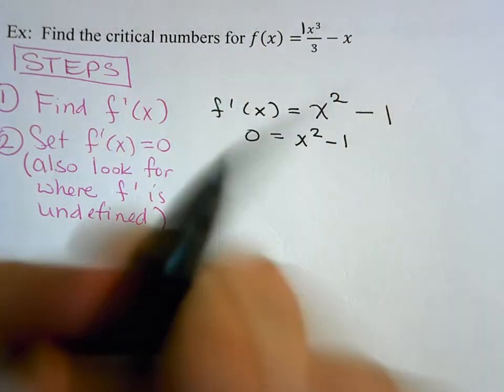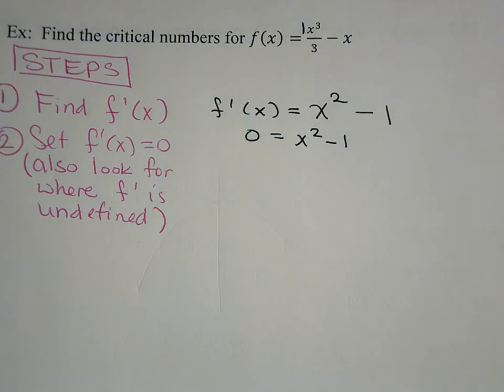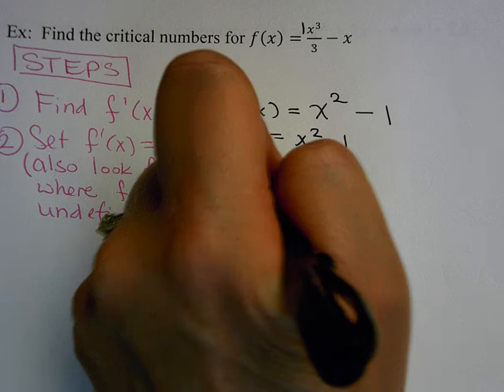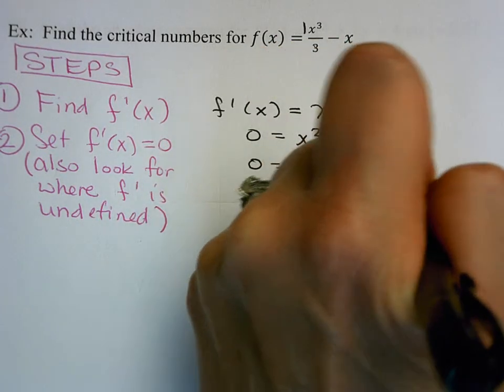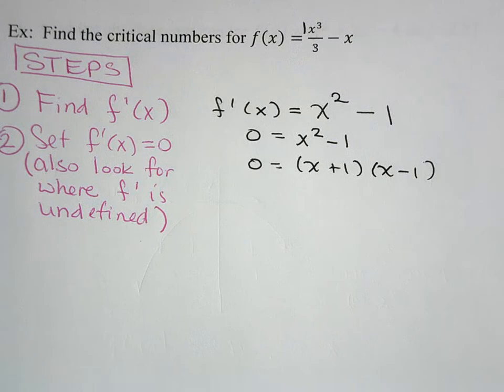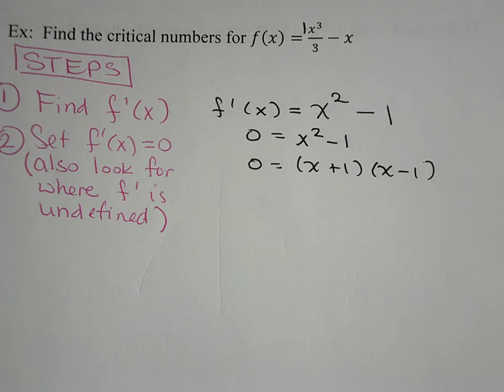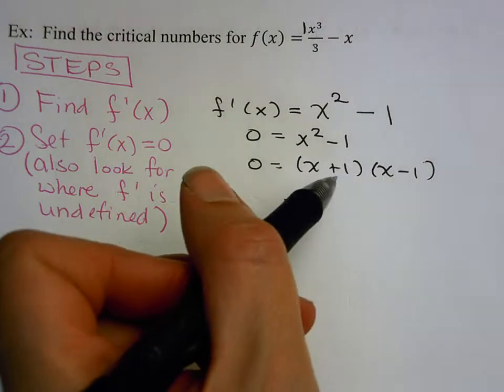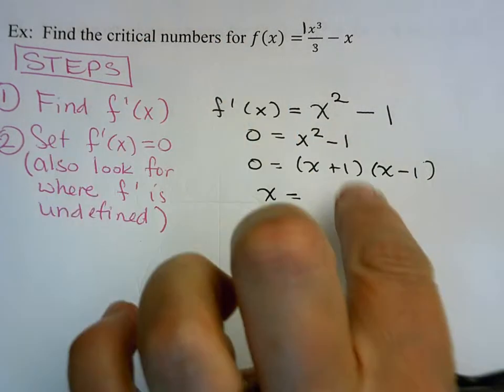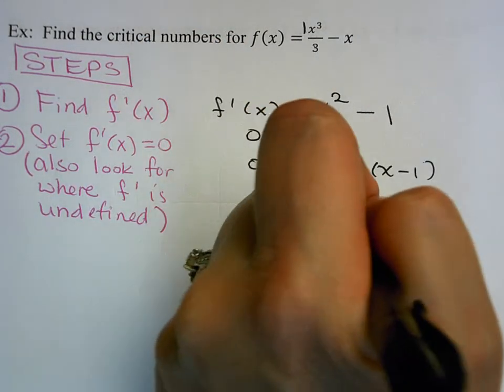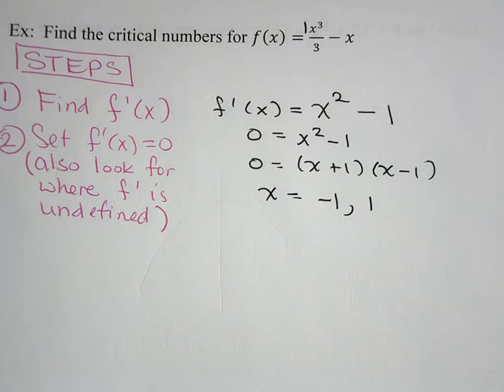And so I can factor it, lots of different ways to solve this. Okay. So I'm going to just factor it. And so x will equal 0 when this factor is 0 or that factor equal to 0. So that would be at -1 or +1. Okay.